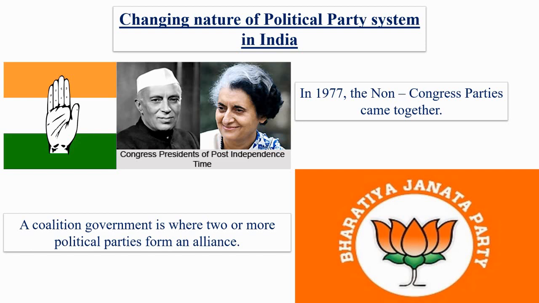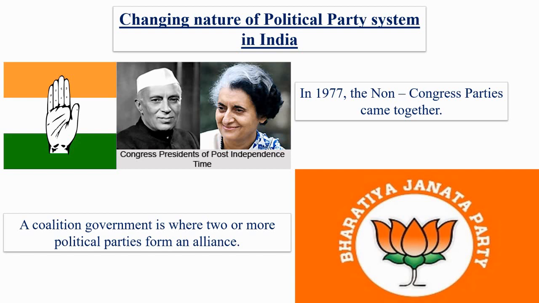In 1989, after the Lok Sabha elections, the one-party system came to an end as different parties came together to form a coalition government. The meaning of coalition government is basically where two or more political parties form an alliance and they rule the country together.